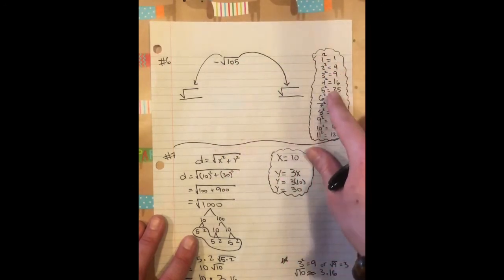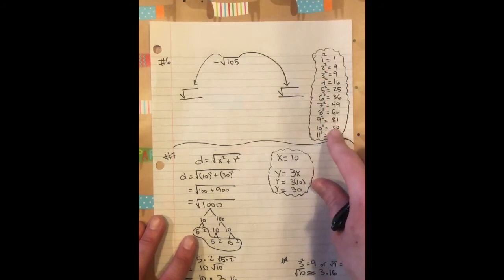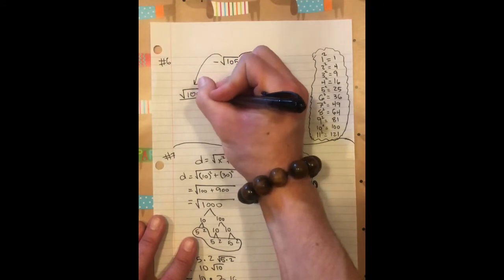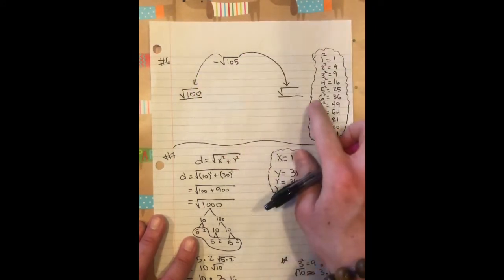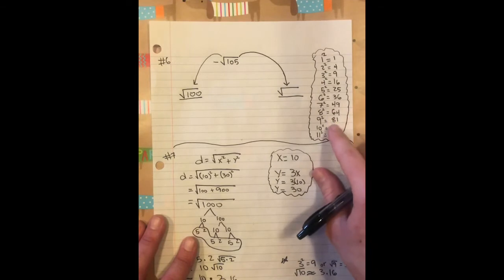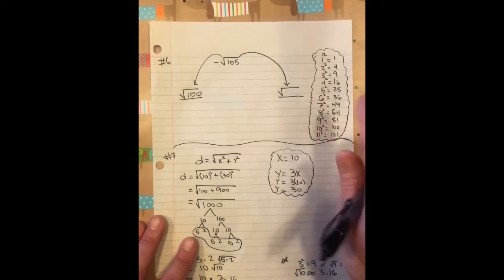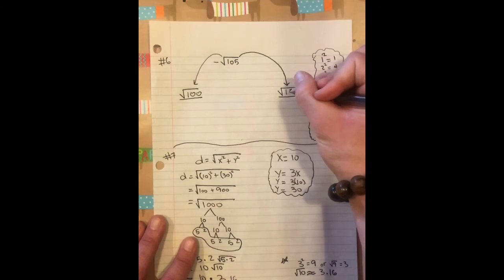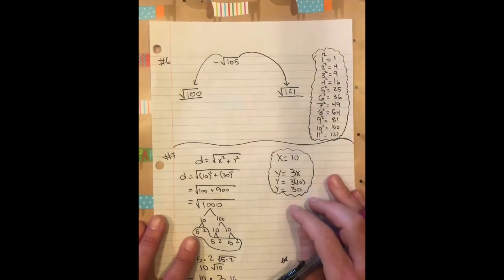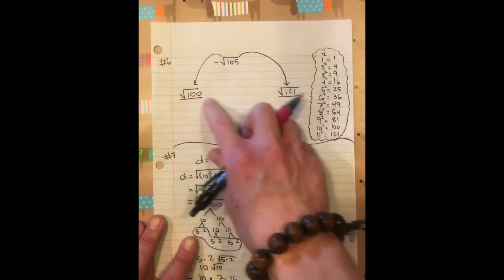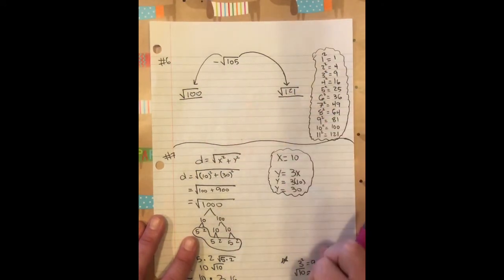So I went until I had one before, 100, and I need one after. So what's after 105? The next number after 105 is 121 if we're going by squares. So 121. So I know the radical 105 is in between radical 100 and radical 121.